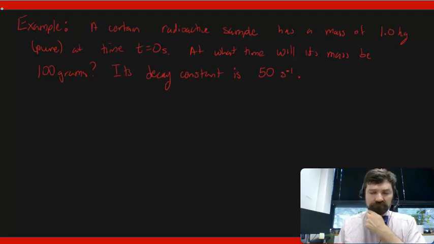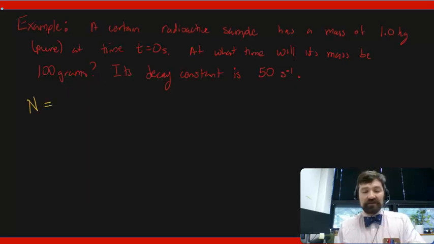Well, essentially, we may look at this and say, all right, how do you get that from this set of information? Well, remember that the number can be related to mass and vice versa via the molar mass.